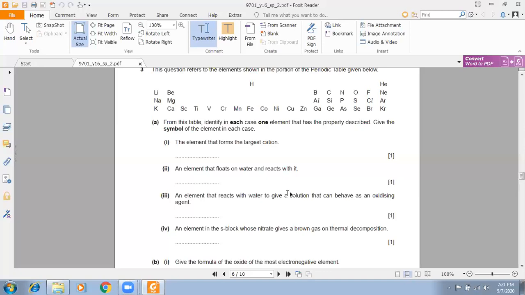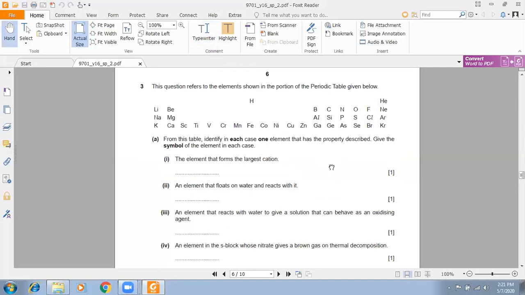Lithium is an exception. The first element of every group shows exceptional behavior. So lithium is an exception here. Sodium, potassium or other group 1 elements like rubidium, their nitrates will decompose to form their nitrite and oxygen.